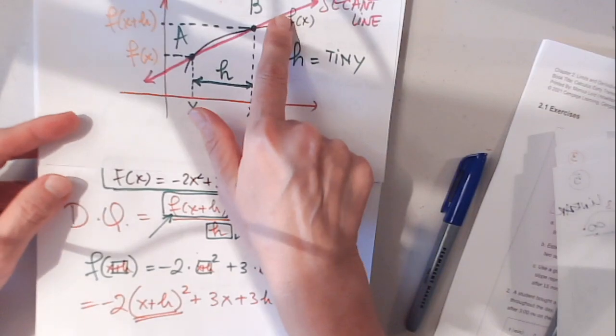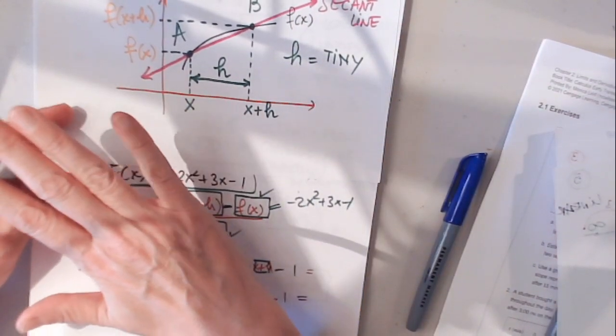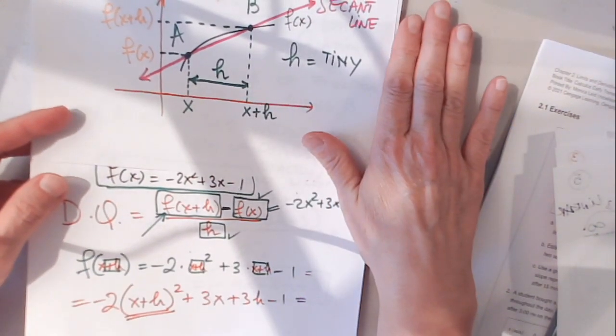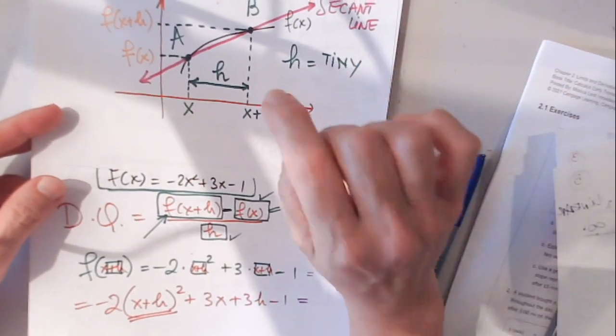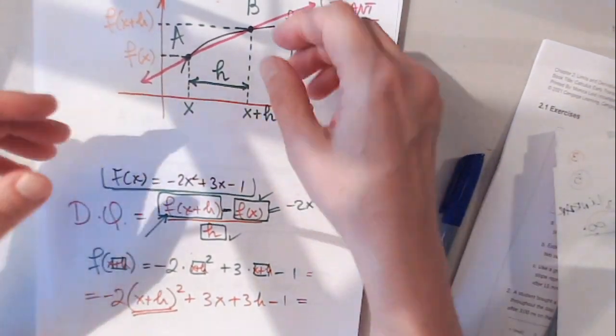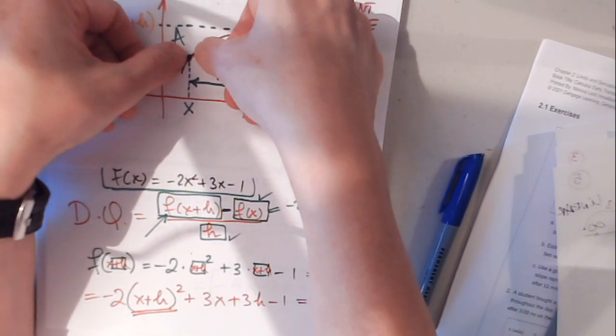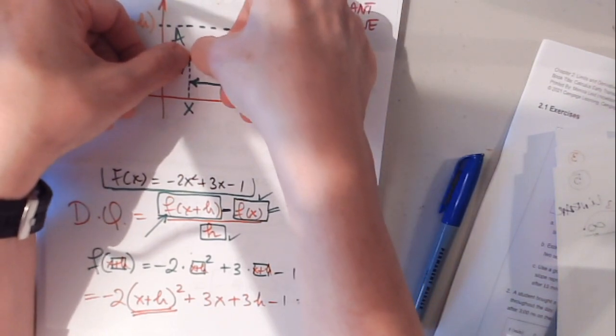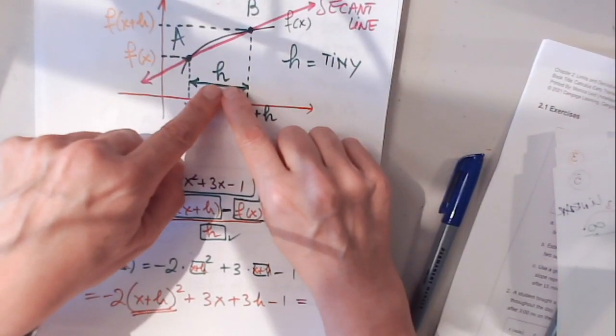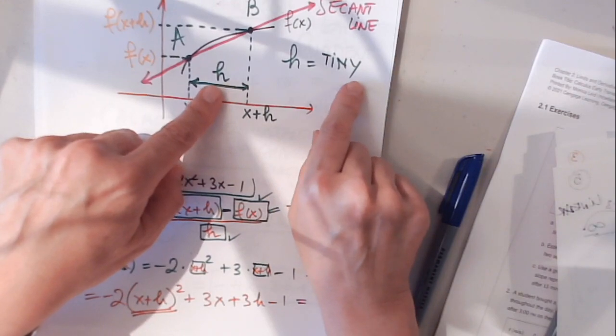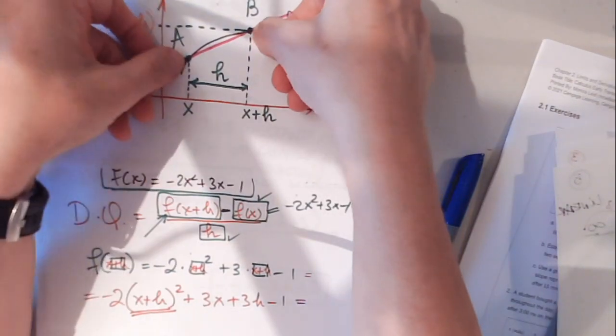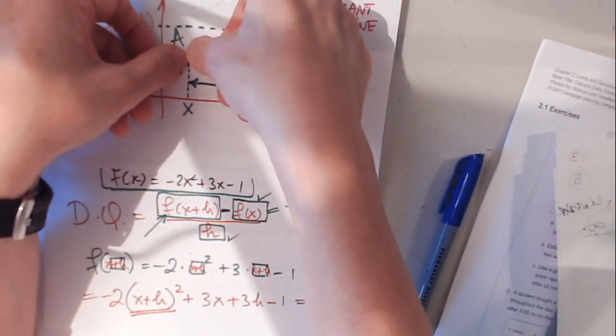The difference quotient is exactly the average rate of change, but it is the average rate of change of a function between 2 points that are very close to each other. This is a tiny value. So it means that a and b are very close to each other.